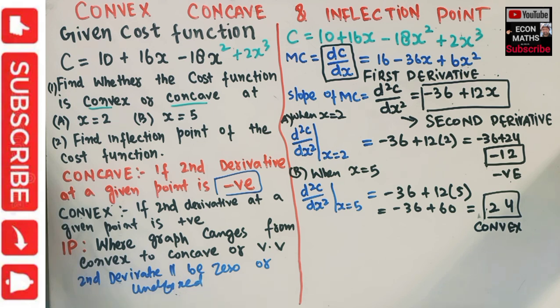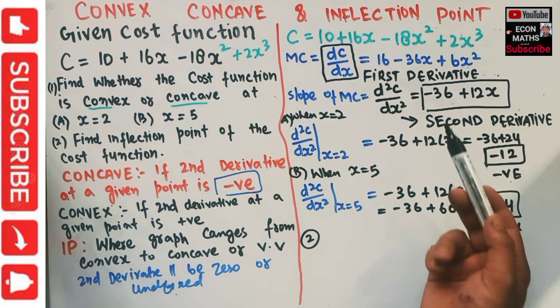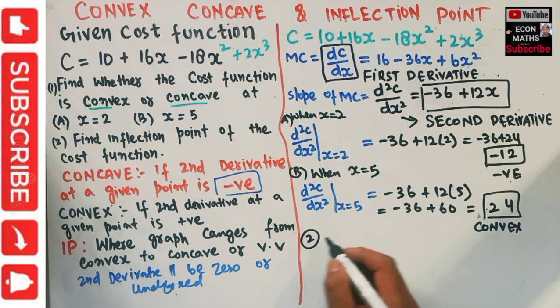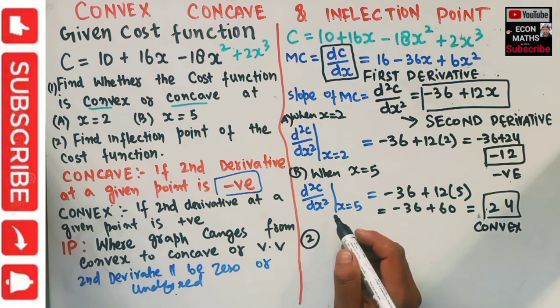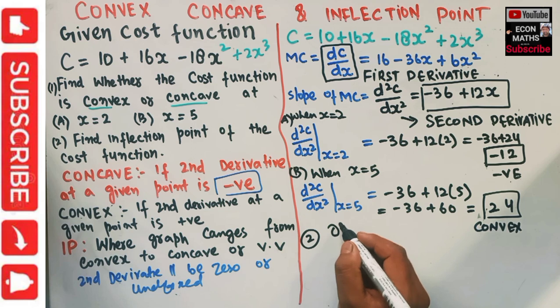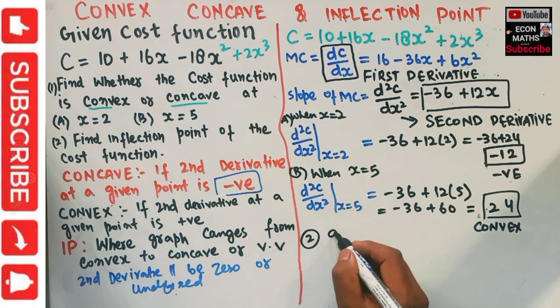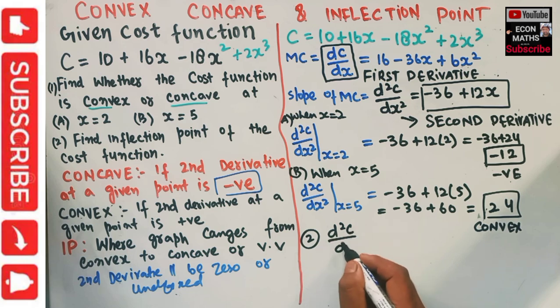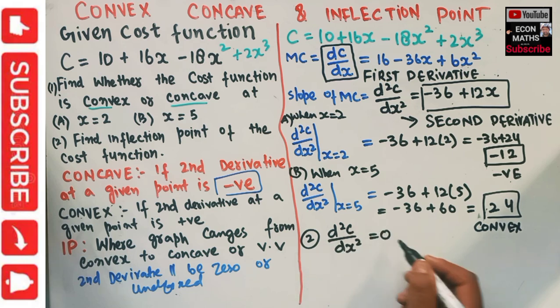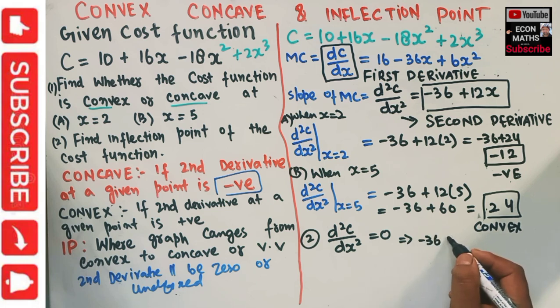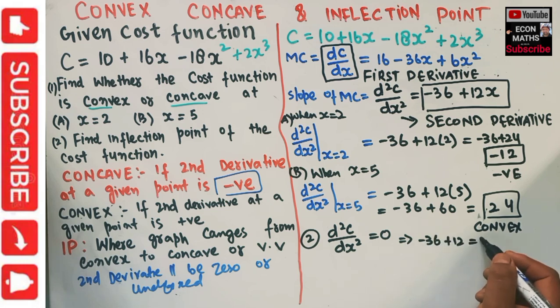To find the inflection point, we simply equate the second derivative with 0, that is d square c upon dx square, and we set it equal to 0, which implies minus 36 plus 12x is equal to 0.